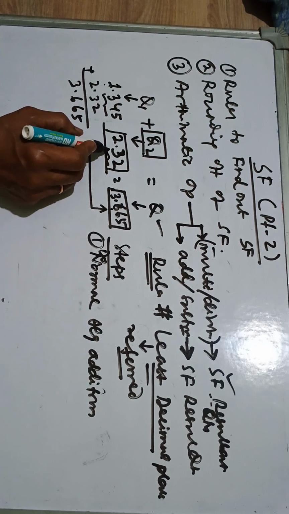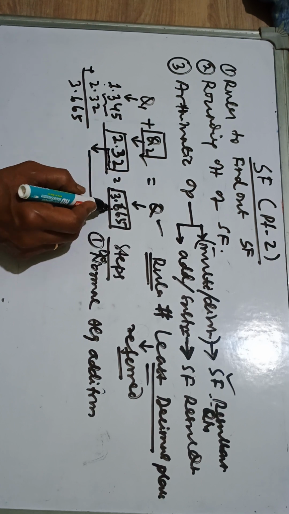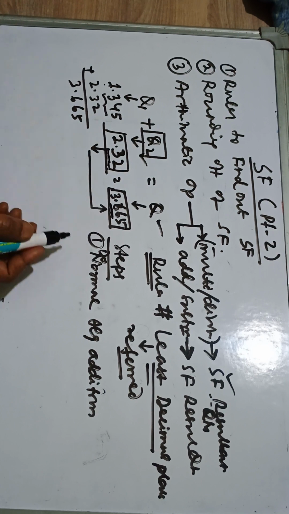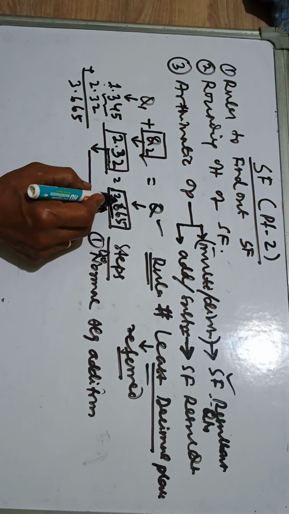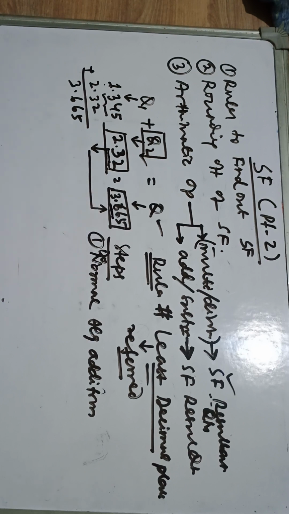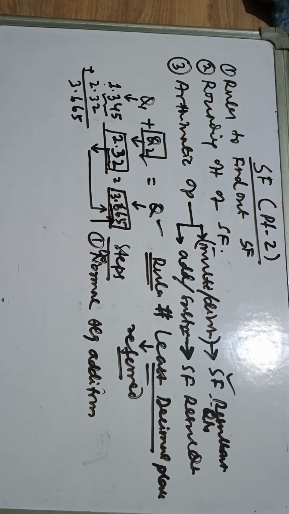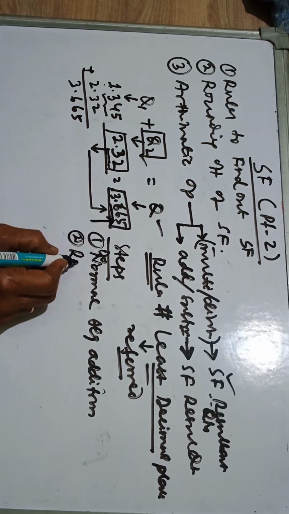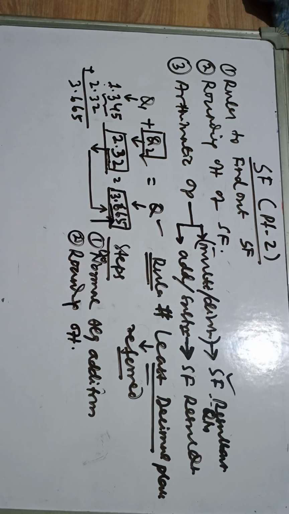The least decimal number is Q2 and its decimal place is 2. So the result will contain decimal places up to 2 places. In that case, this digit will be dropped. Then we'll do rounding off.